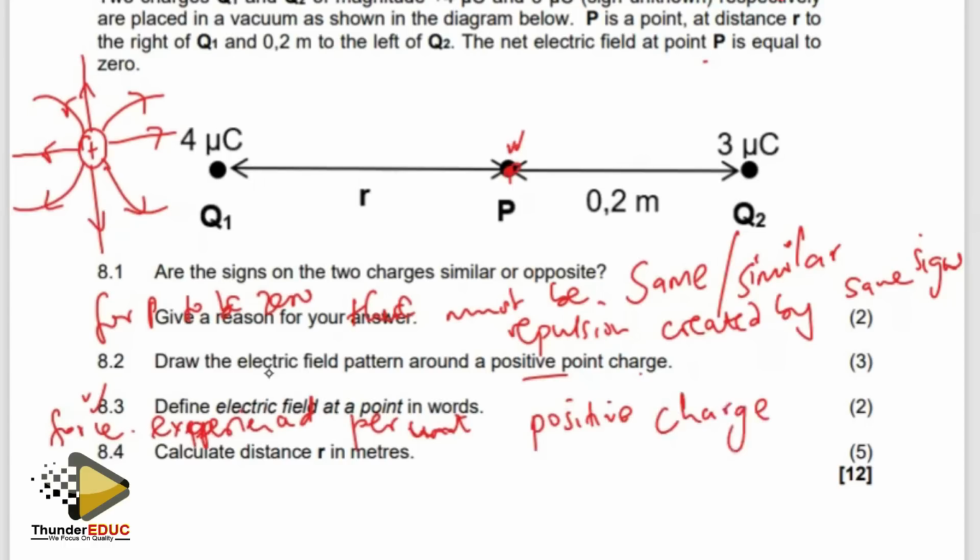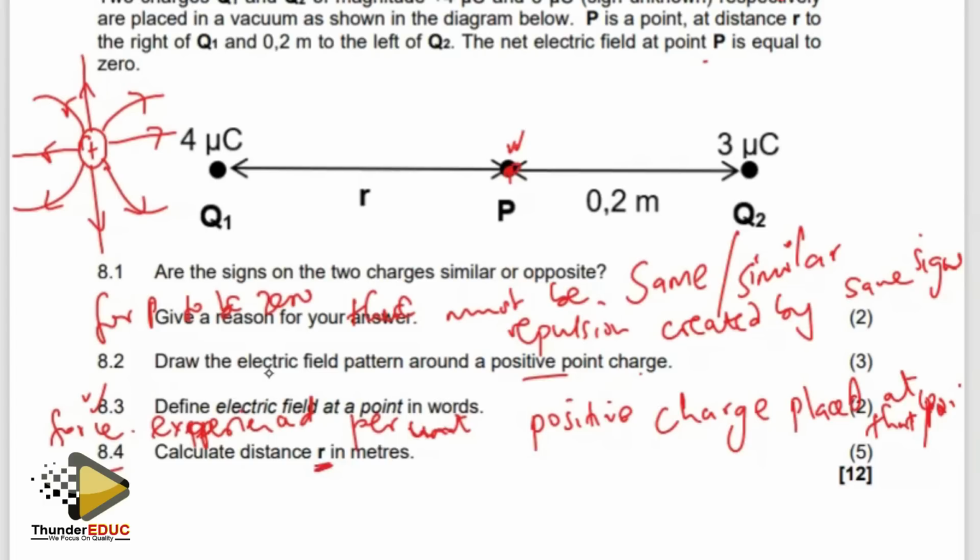It's the electric force or electrostatic force that is experienced per unit positive charge that is placed at that point of interest. Then 8.4, they want us to calculate the distance r.